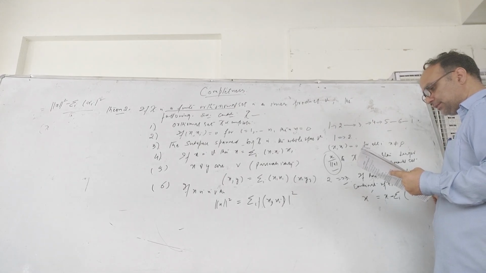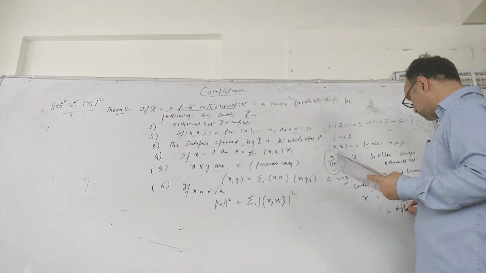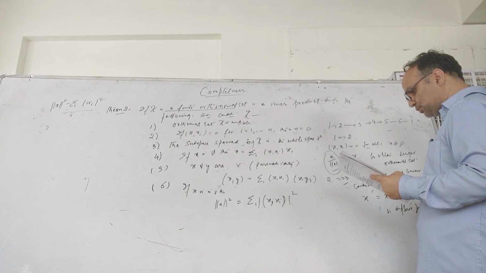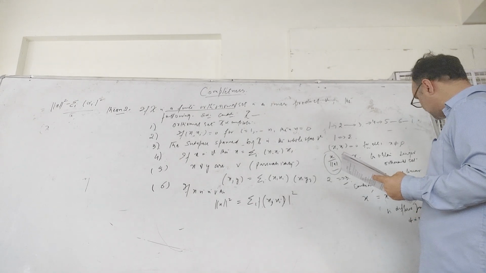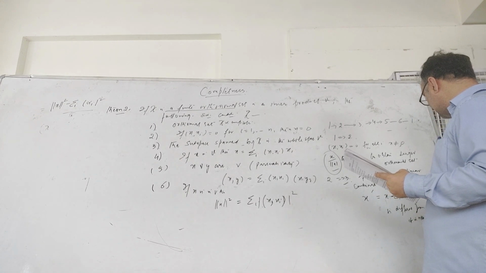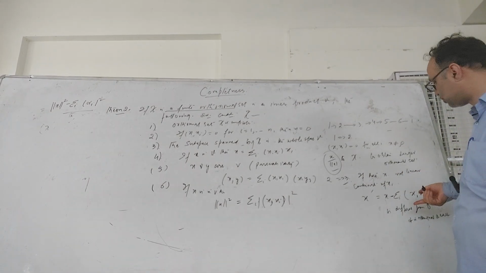It is different from 0 and is orthogonal to each xi. So if we construct it this way, it should be different from 0, so that means it's orthogonal to it.